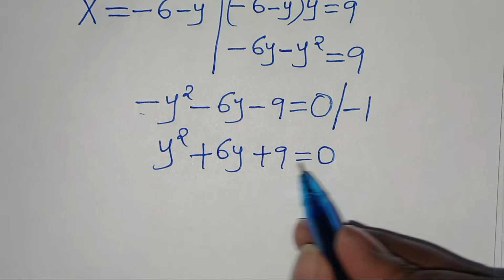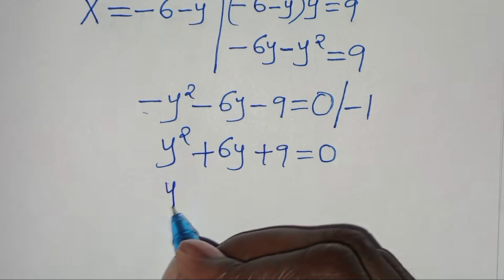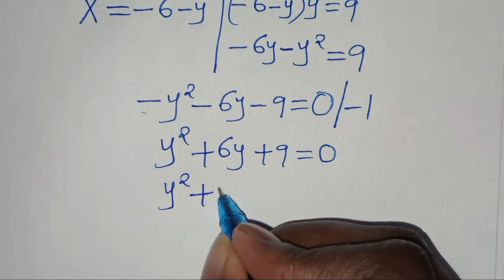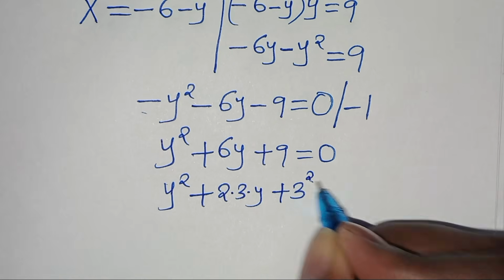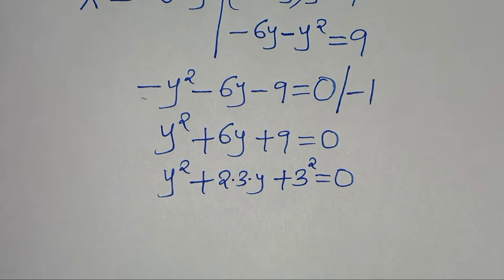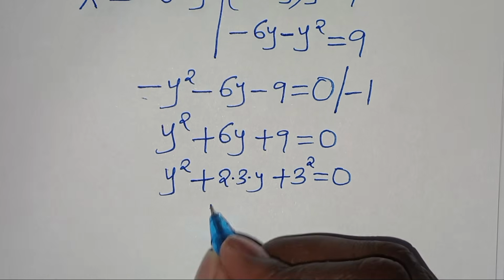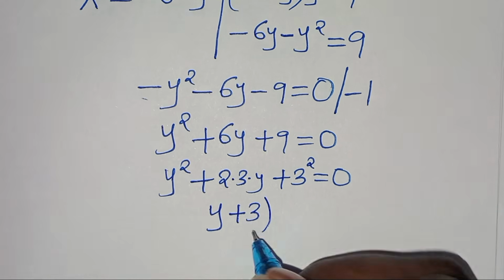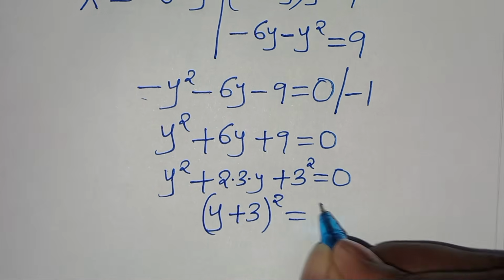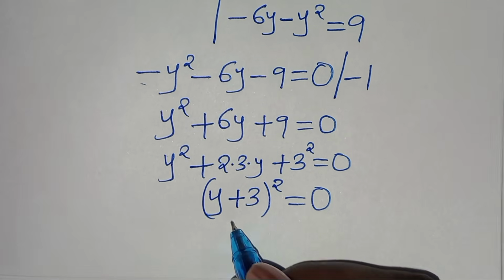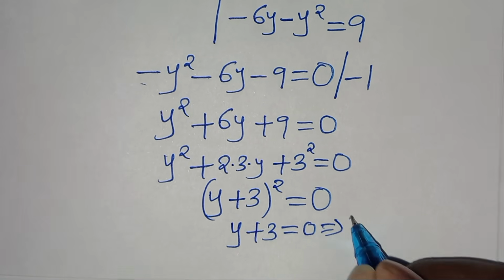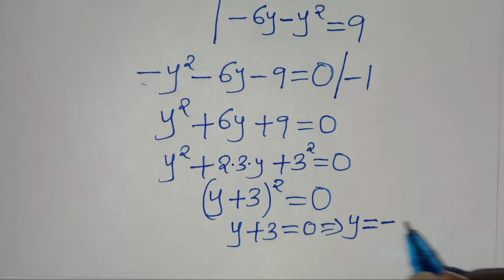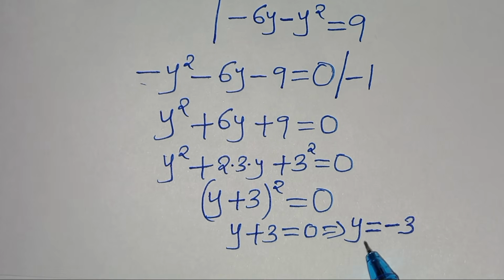So this implies that we have y squared plus 6y, where 6y is the same as 2 times 3 times y, then plus 9, which is 3 to the power of 2, equal to 0. Now we can express this as y plus 3 raised to the power of 2, equal to 0. So this means that y plus 3 is equal to 0, and this means that y is equal to minus 3. We have y1 is equal to minus 3.